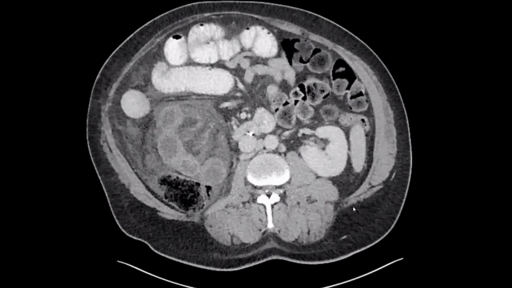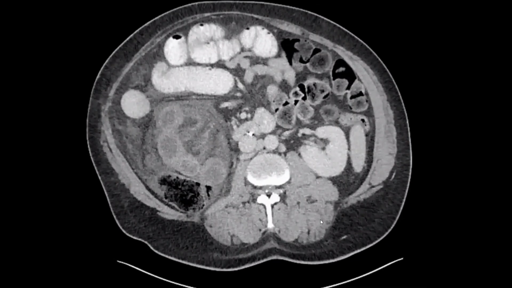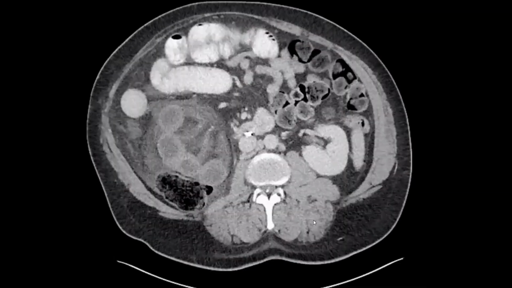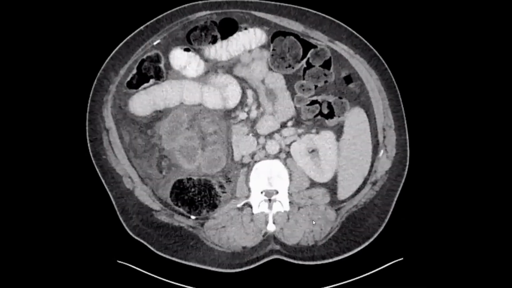Okay. And what is the cause for this closed loop obstruction? You did very well. What is the cause and what are the complications? Sir, you said that we have a closed loop obstruction, but you didn't mention the cause. Sir, I cannot see any ascites, so I cannot see any perforation.